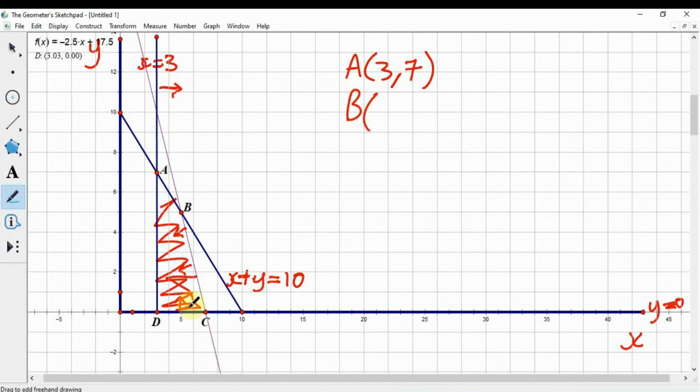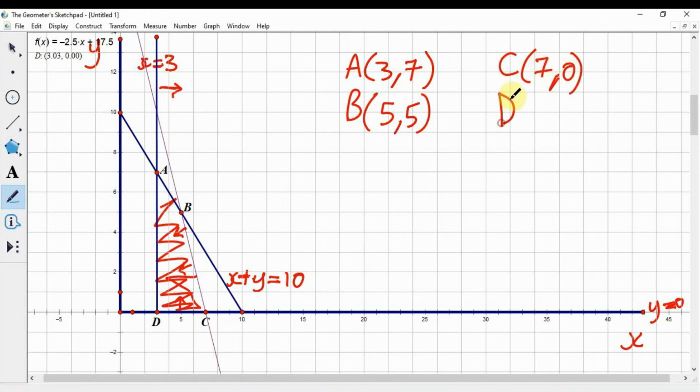B is the point when X is 5, the Y value is also 5. B is 5, 5. Now C is the point, X is 7, then Y is 0. So C is 7, 0.